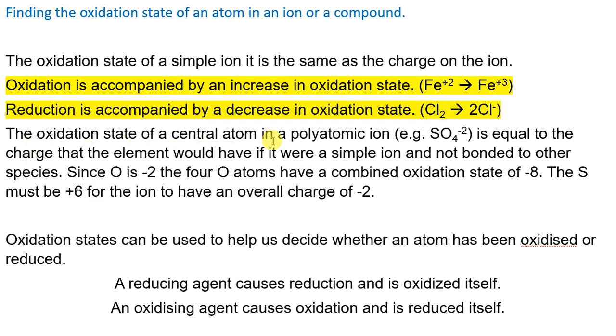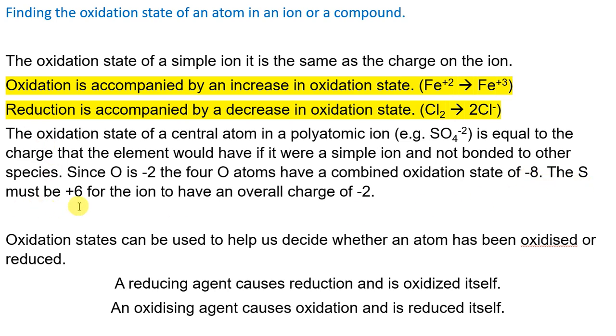The oxidation state of a central atom in a polyatomic ion, e.g. the sulfate ion, is equal to the charge that the element would have if it were a simple ion and not bonded to other species. Once again, oxygen is -2. 4 oxygen atoms have a combined oxidation state of -8.